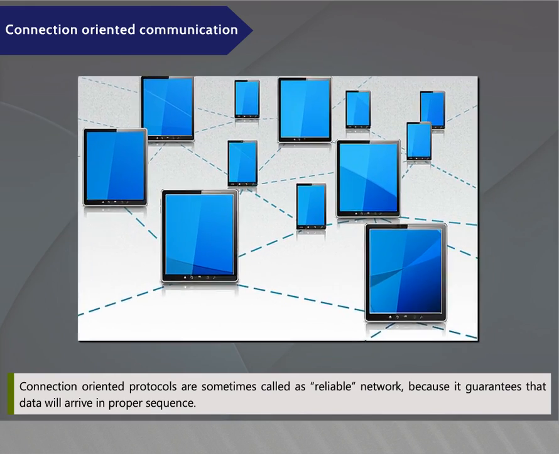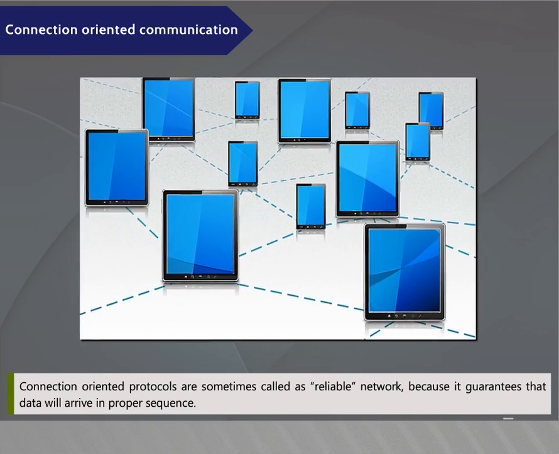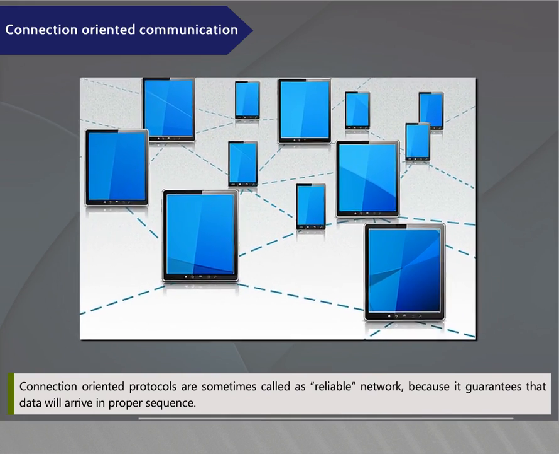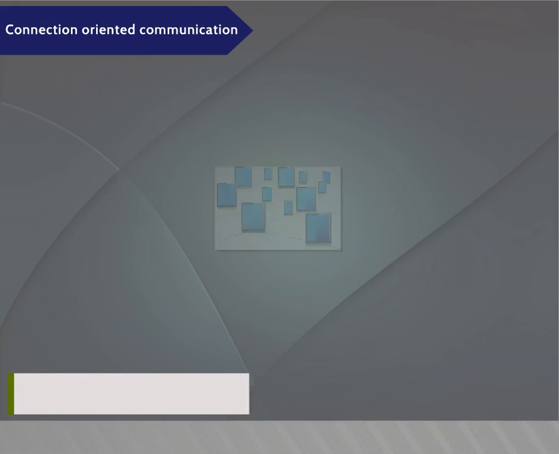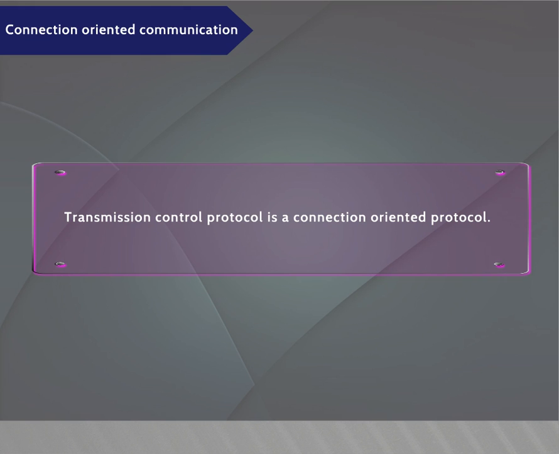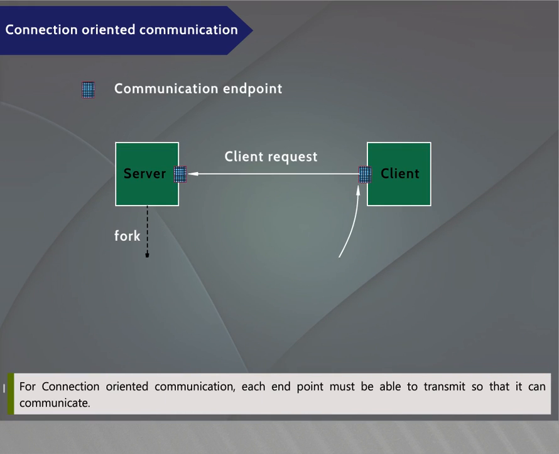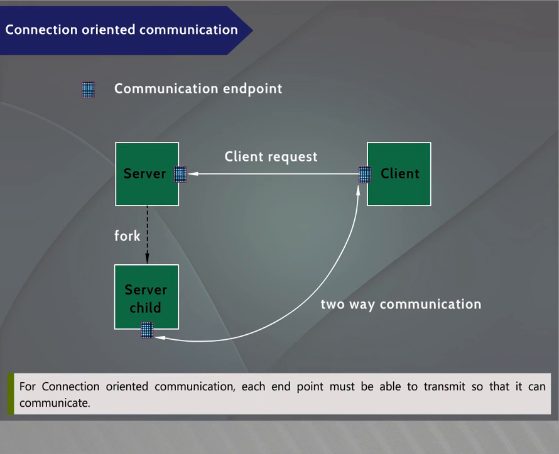Connection-oriented protocols are sometimes called reliable network protocols because they guarantee that data will arrive in proper sequence. Transmission Control Protocol is a connection-oriented protocol. For connection-oriented communication, each endpoint must be able to transmit so that it can communicate.